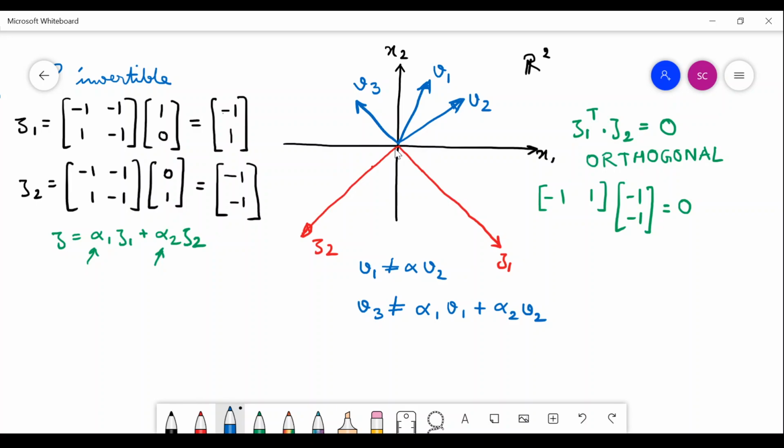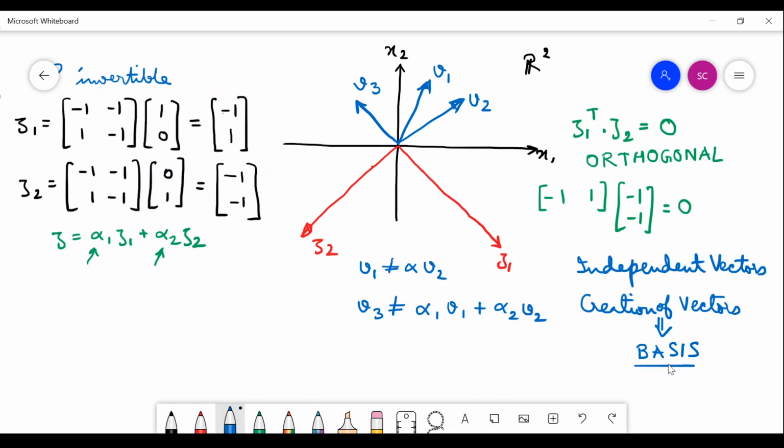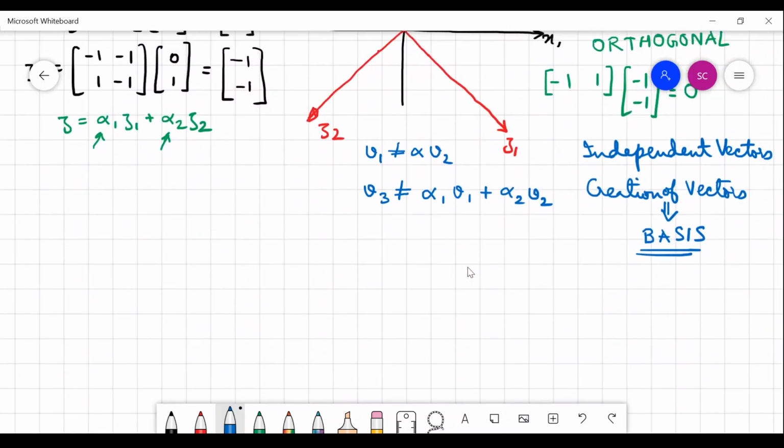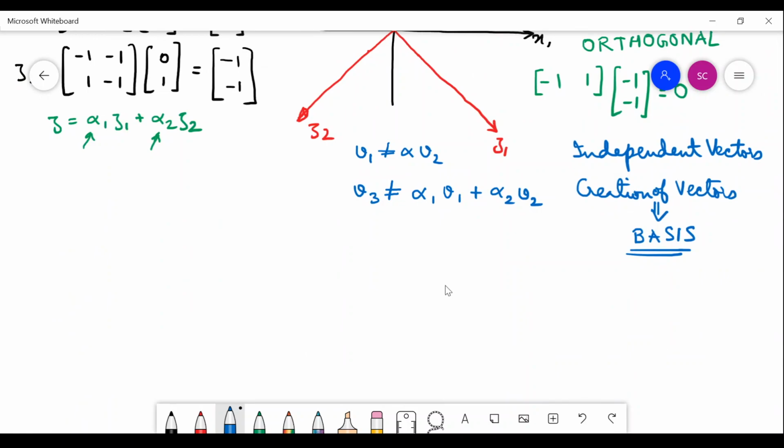Now we have touched upon several concepts. We will try to formally define these things: independent vectors and creation of vectors, which is basically giving us the idea of basis.